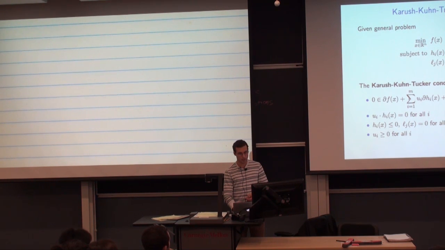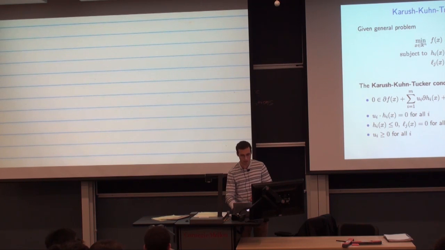So the Lagrangian here is f of x plus the sum of u_i h_i plus the sum of v_j l_j, with respect to x. If I consider the Lagrangian as a function of x and take a subgradient, then 0 should be a subgradient. Basically saying that x minimizes the Lagrangian over all x.